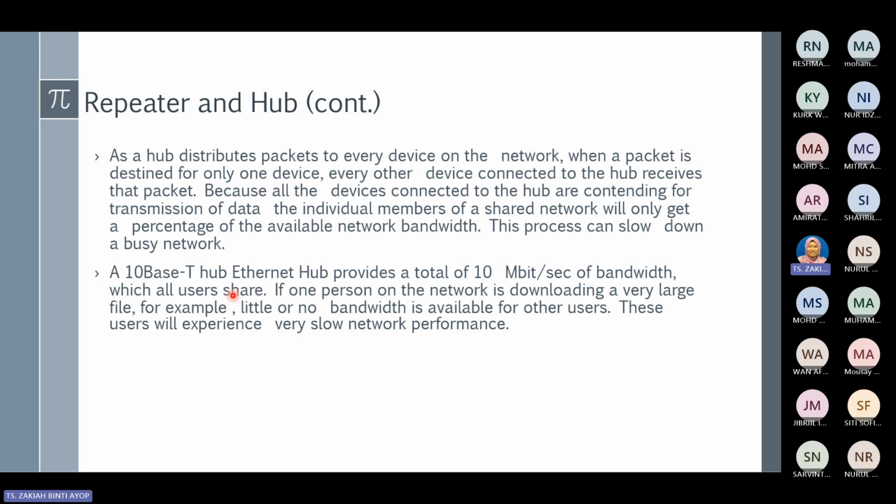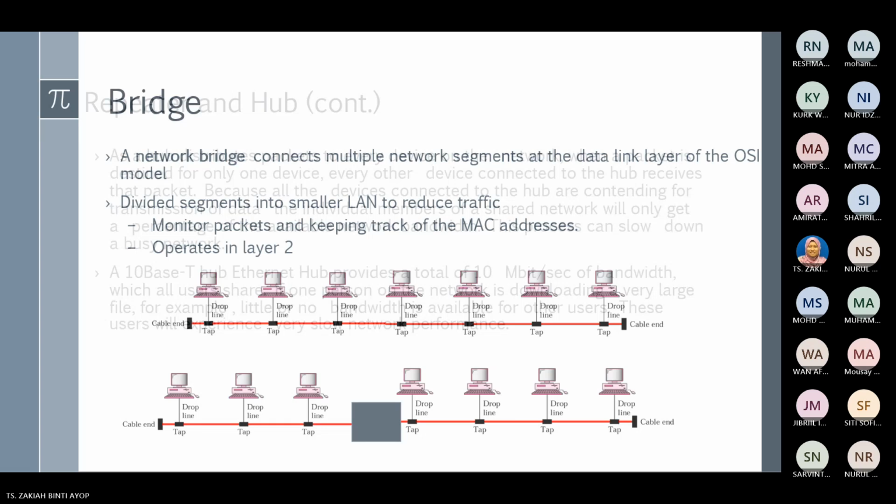For example, a 10BASE-T Ethernet hub provides a total of 10 megabits per second of bandwidth, which all users share. Let's say one person on the network is downloading a very large file, for example a video. Then little or no bandwidth is available for other users, so these users will experience very slow network performance.